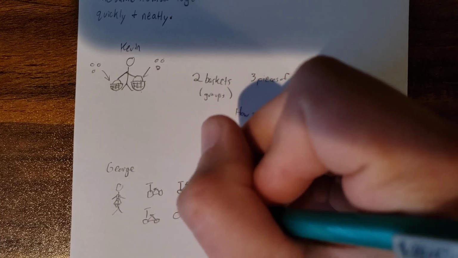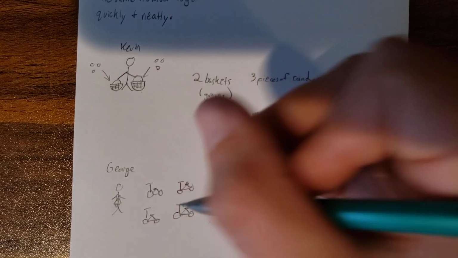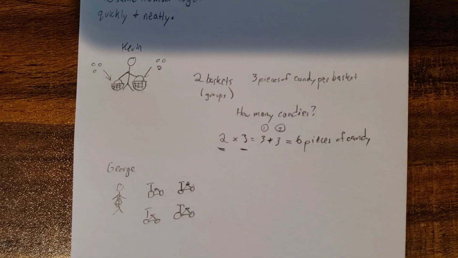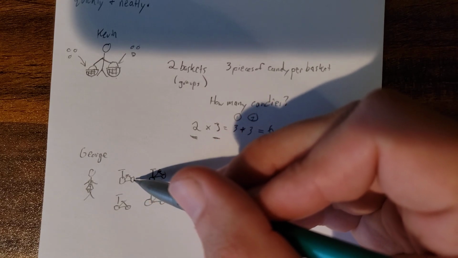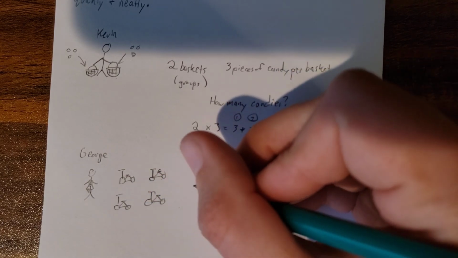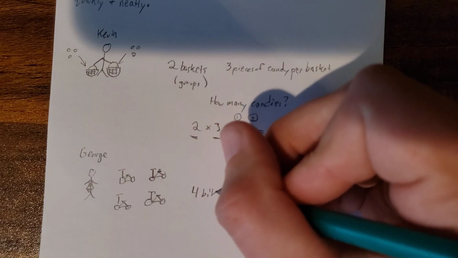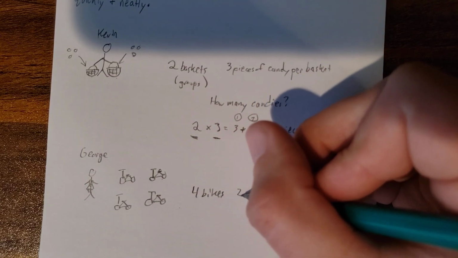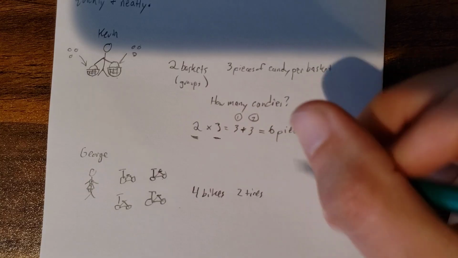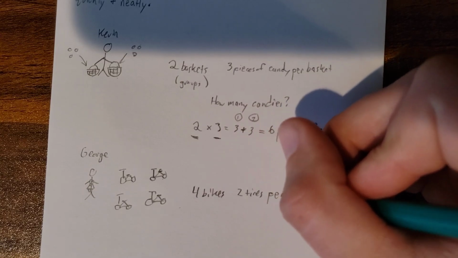We want to know how many tires he has on all of his bikes. So we can say that there are 4 bikes, and each bike has 2 tires. So 2 tires per bike.